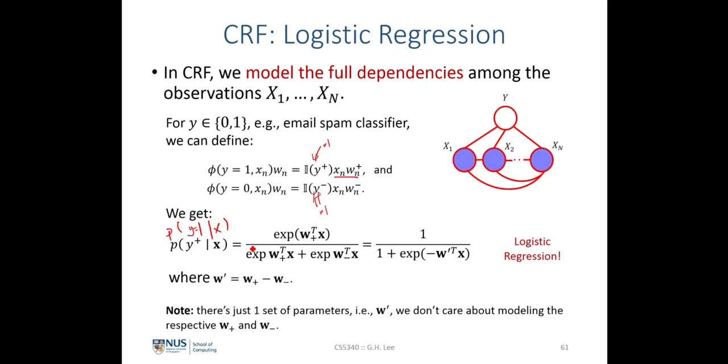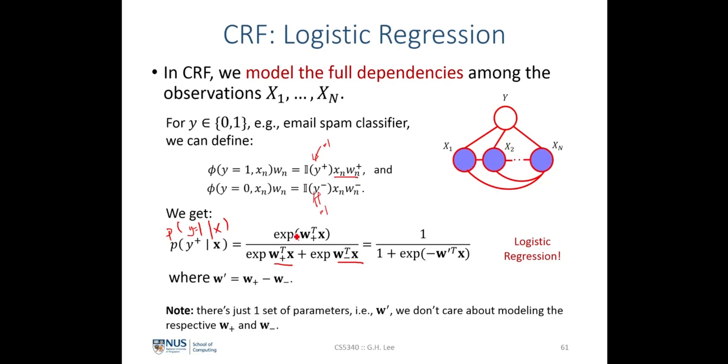And it's normalized by the normalization, which is the sum over all possible states of the latent random variable y. Hence, we need to take into account the positive terms as well as the negative terms, when y equals 1 and y equals 0.